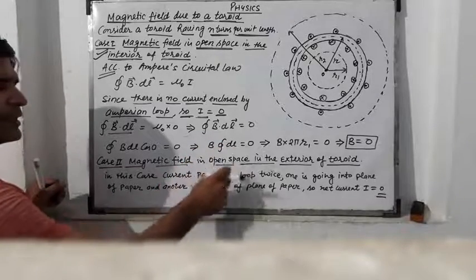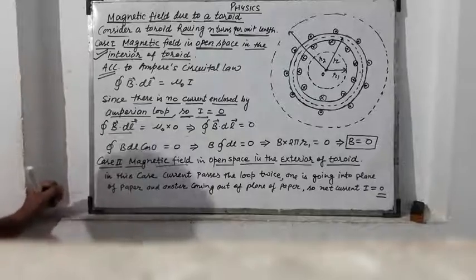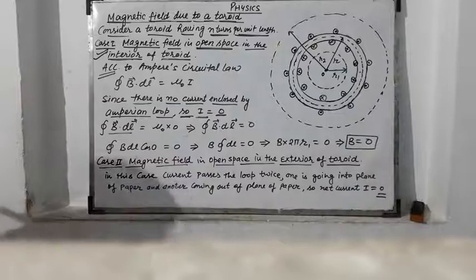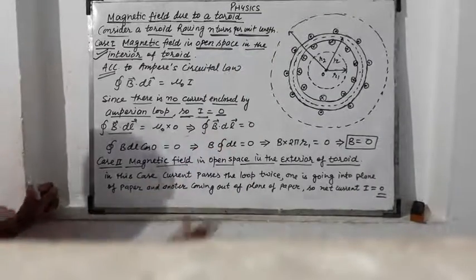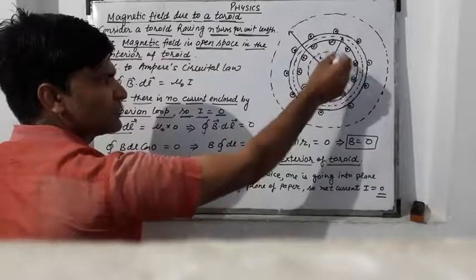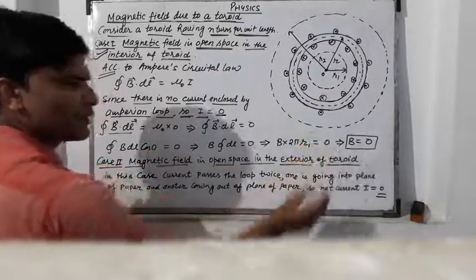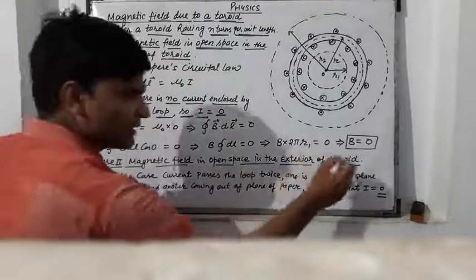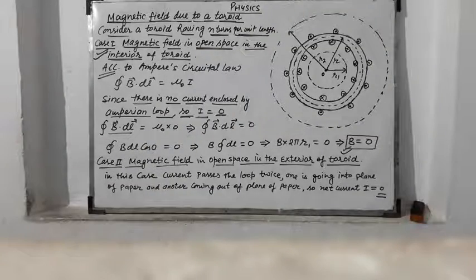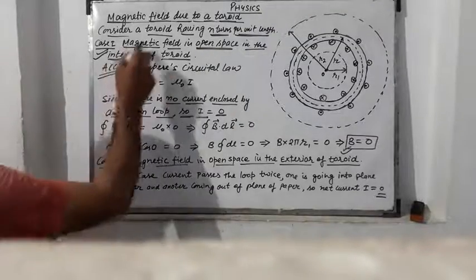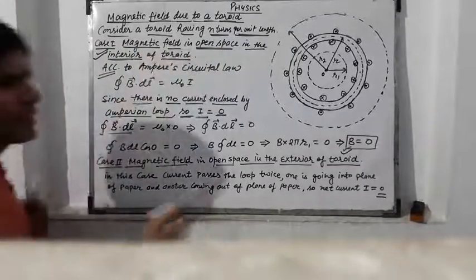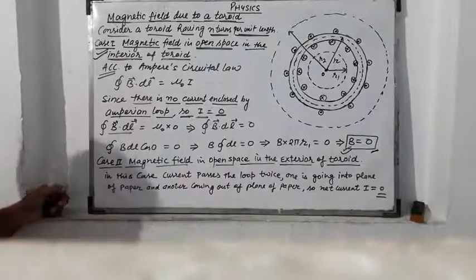B times the line integral of dl is equal to 0. The line integral of dl around this Amperian loop is the circumference, that is 2 pi r1. So B into 2 pi r1 is equal to 0. From this we get magnetic field B equal to 0. So the magnetic field in open space in the interior of the toroid is 0.